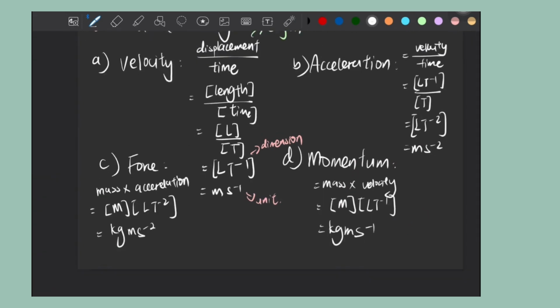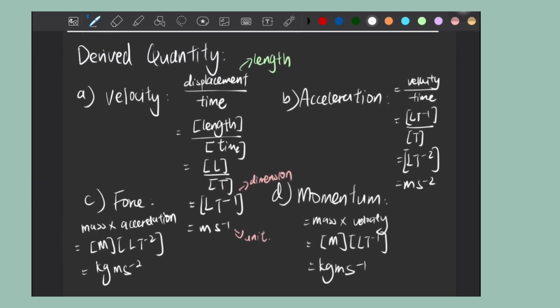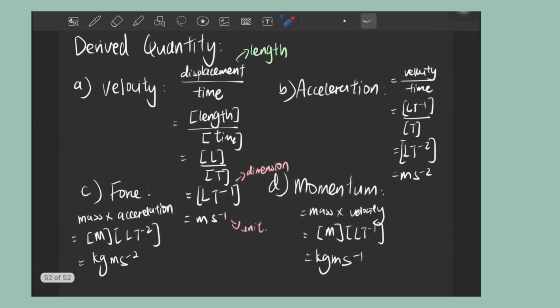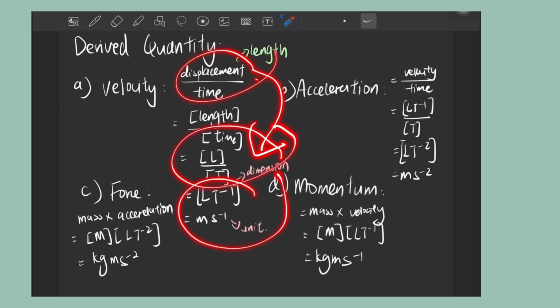Alright, so in questions, especially when solving mathematical expressions, you don't need to memorize the quantity, so we can use the formula and then solve for the dimension and determine its unit.